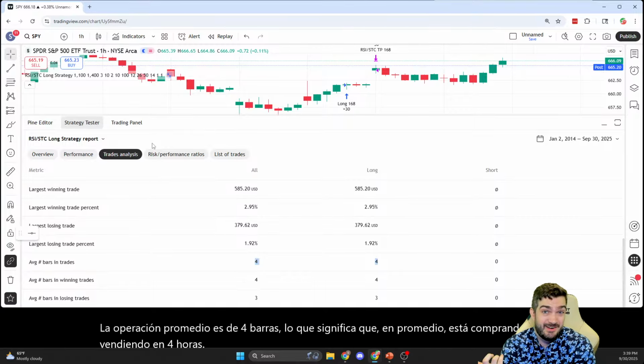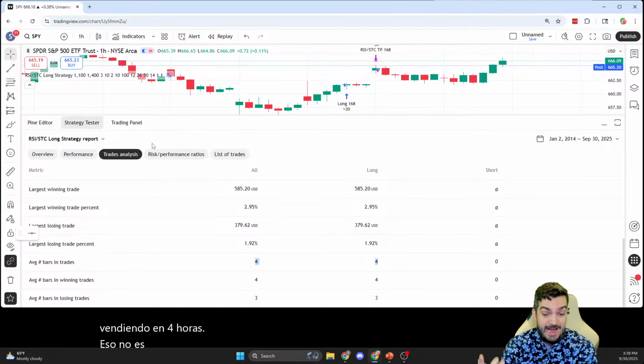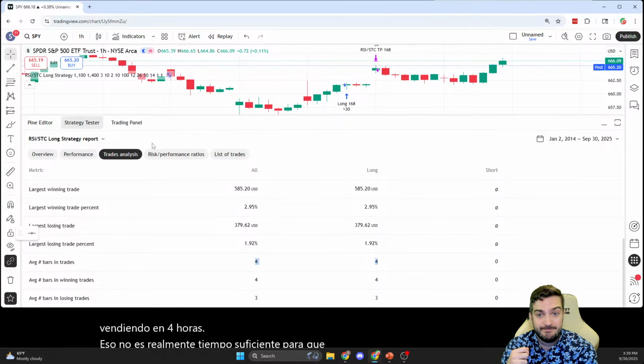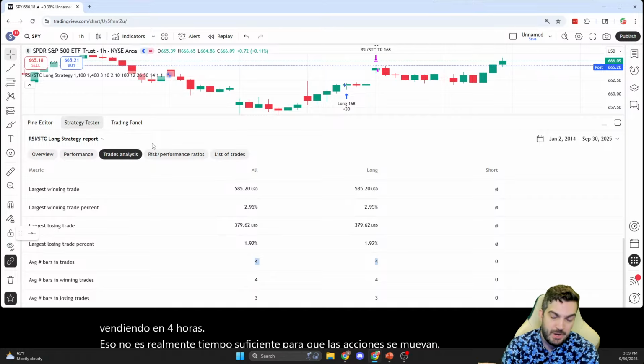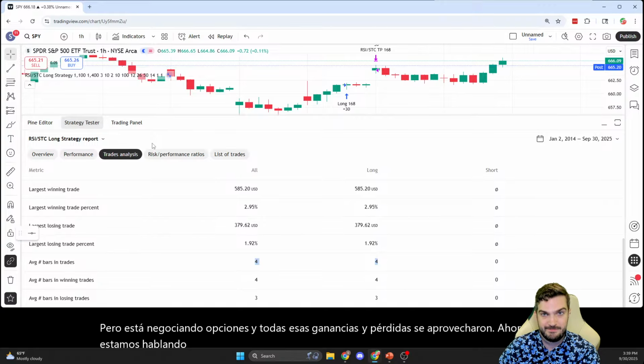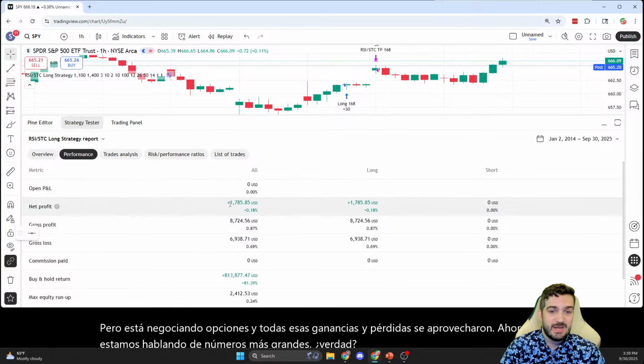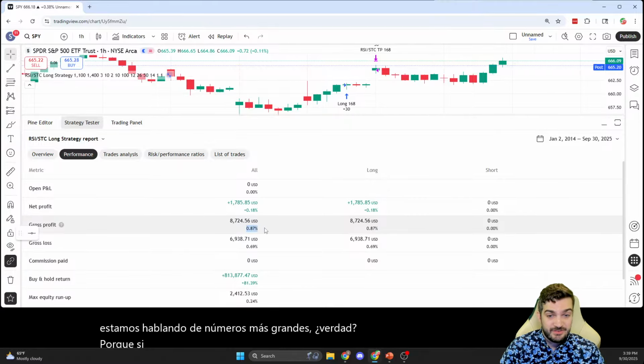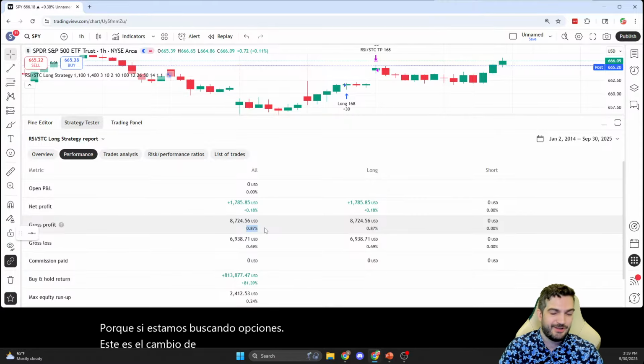That's not really enough time for the stock to actually move. But if you're trading options, all of those gains and losses were leveraged. Now we're talking some bigger numbers, right? Because if we're looking at options, this is the price change of the underlying security, not the option.